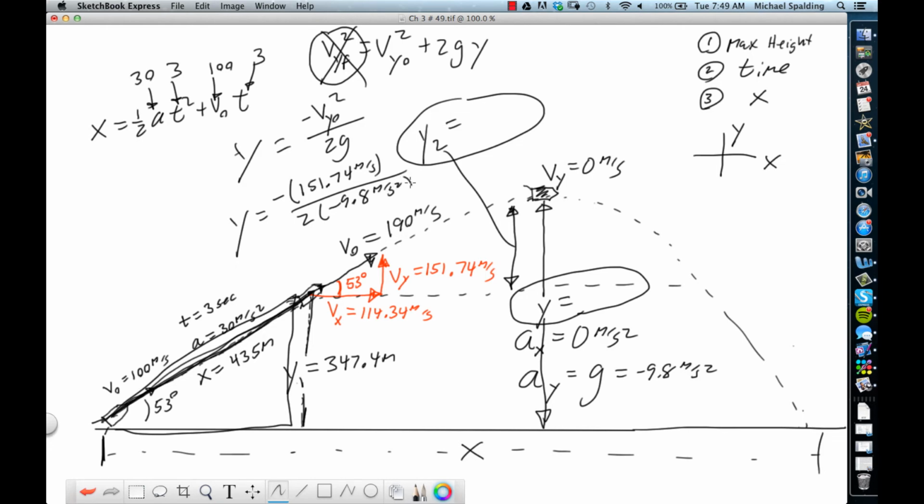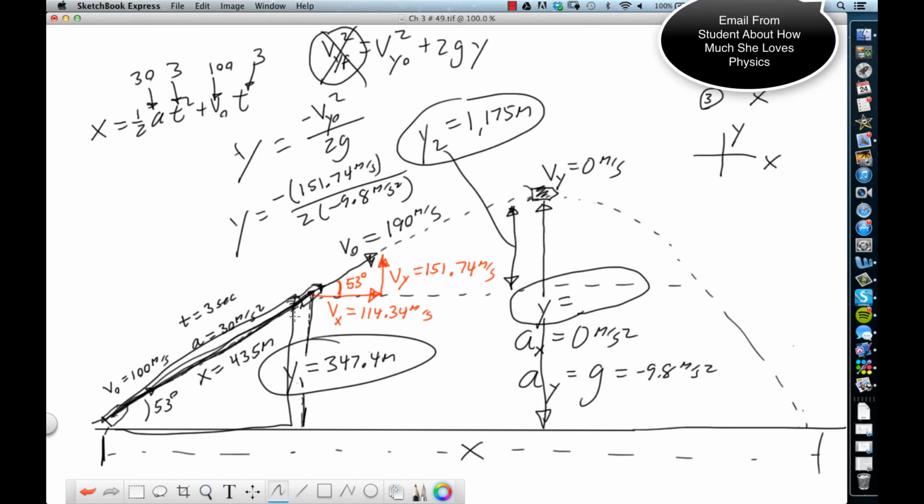The negatives cancel, and you get 1,175. So what will be the total maximum height? You got to add those two together, right? You're going to add y1 and y2 together, and that comes out to be about 1,522.